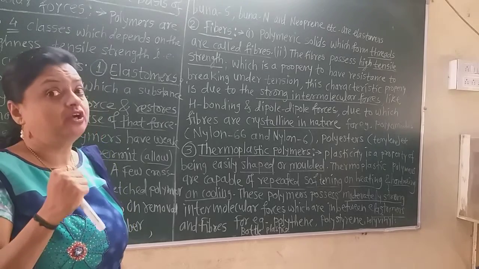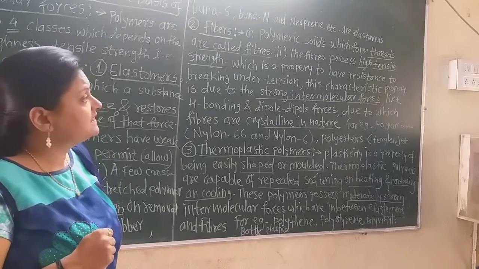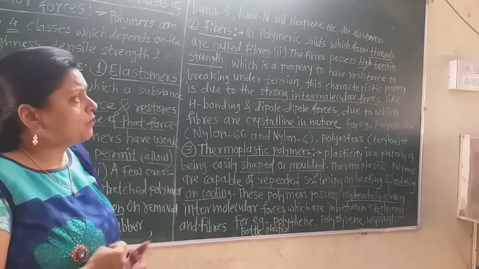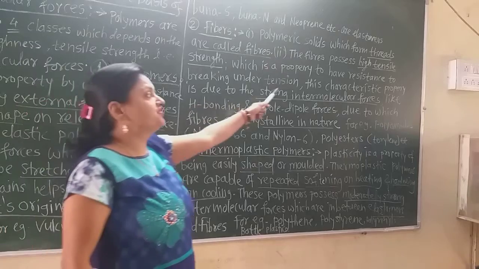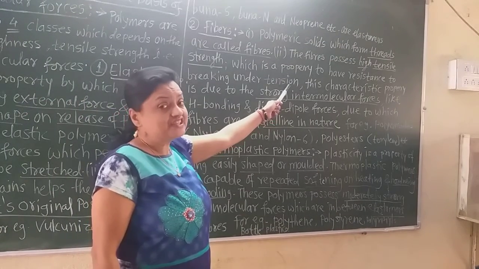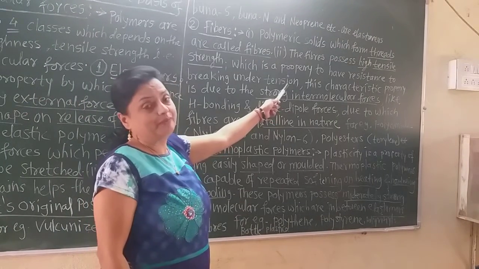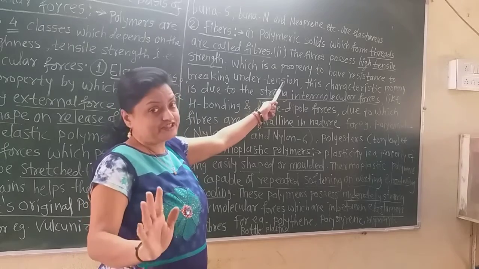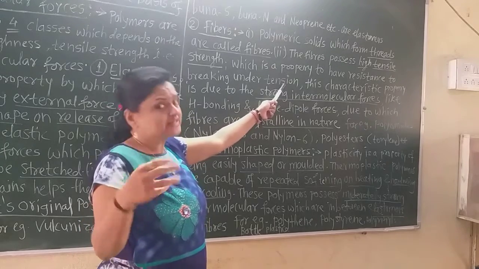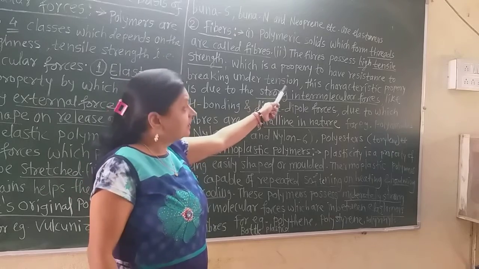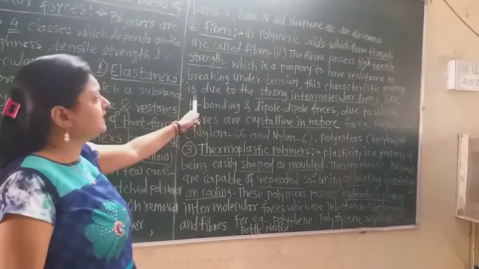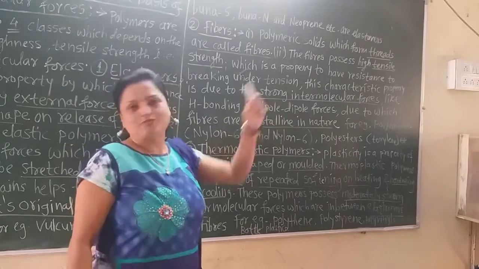They sustain it. So the fiber possesses high tensile strength, a property of resistance to breaking under tension. That means they do not break on applying force for stretching. This characteristic property is due to the strong intermolecular forces.